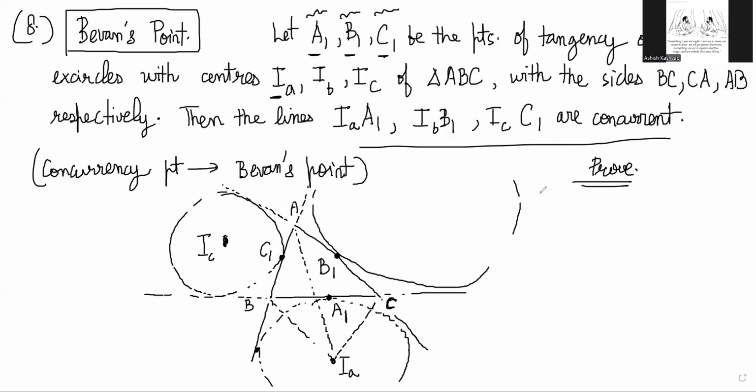You have to prove that the line joining IA A1, the line joining IC C1, and the line joining IB B1 are concurrent. And the point of concurrency is known as Bevan's point.